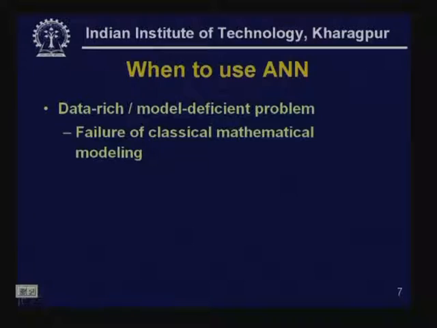Those are the problems for which we can apply artificial neural network. So, problems that we cannot mathematically analyze or find a mathematical model to model the problems, but we have enough data. Using neural networks is a good idea to model such problems.